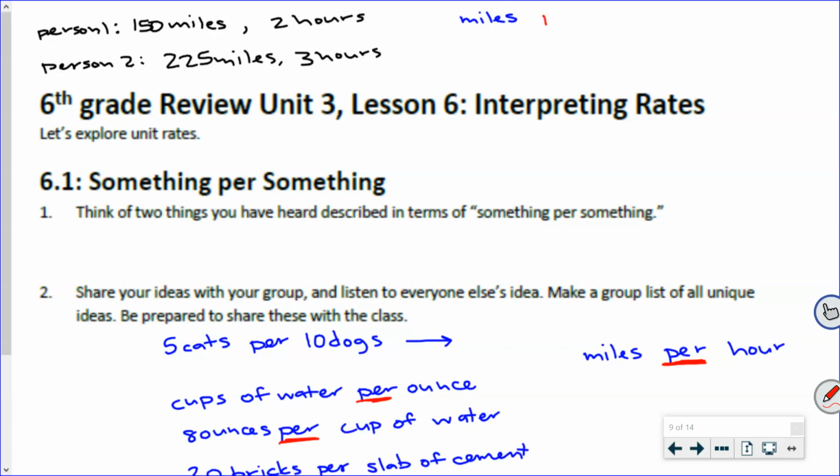So I'm going to do some color coding here. Miles per hour. Hands down, please. Miles per, that means divide, hour. That's how I'm going to be setting up these problems. So, person one.